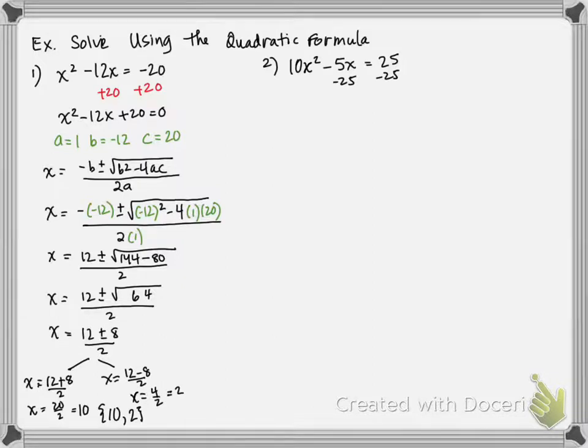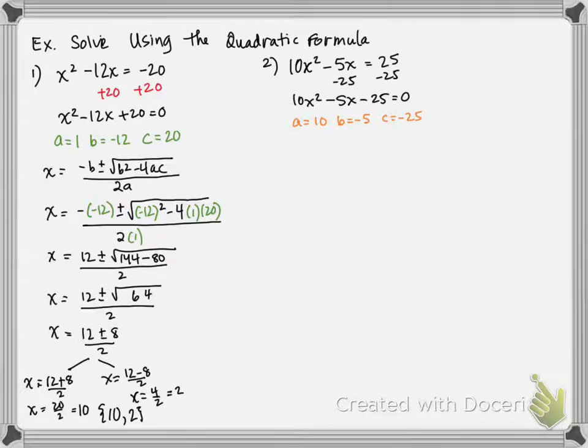Oh yeah, all joy. We have 10x squared minus 5x minus 25 equals 0. So the great news is, with this guy, I just take the a, b, and c. It doesn't matter, right? So I have a equals 10, b equals negative 5, c equals negative 25.